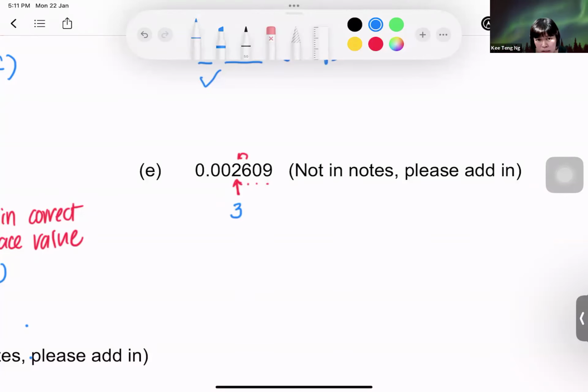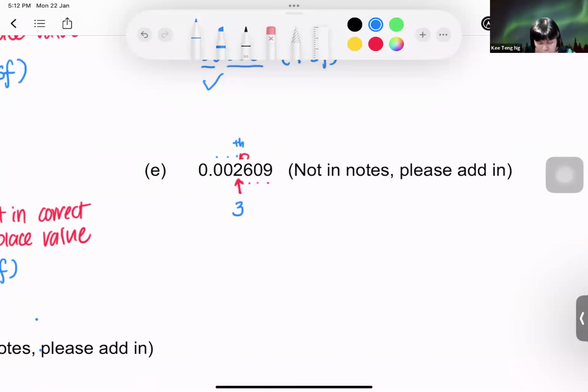However, 3 is not the correct answer because 3 is not in the correct place value. This is the 10th, the 100th, the 1000th, okay, in the 1000 placing. So I need to add my decimal place now and my zeros, 0.00, to put it in the correct place value.